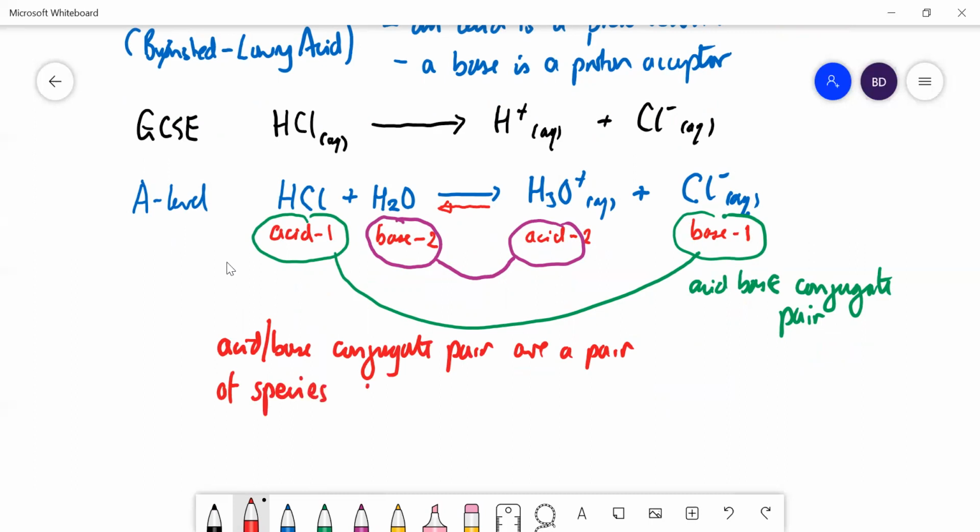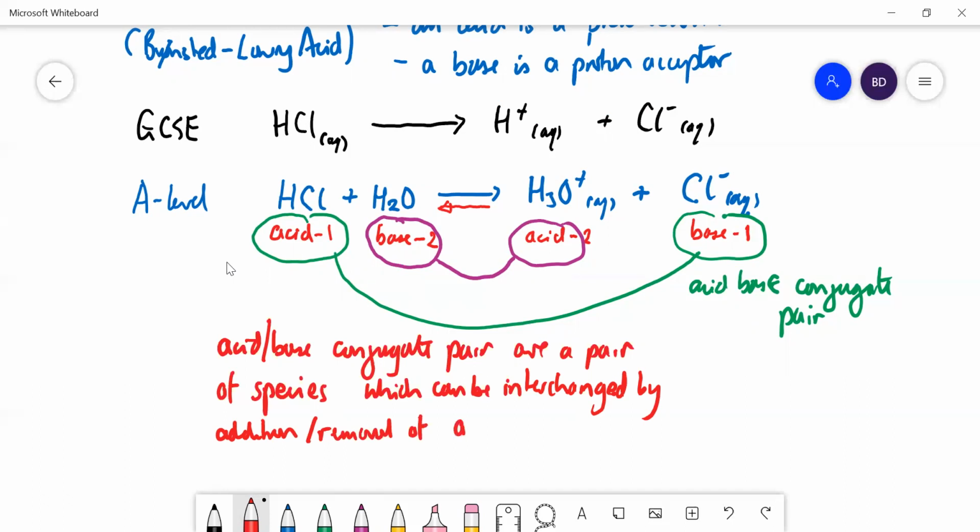A pair of species which can be interchanged by addition or removal of a single proton. That's our definition of an acid-base conjugate pair.